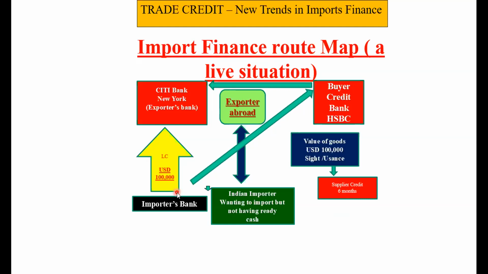Assume this is also 6 months. 6 plus 6 should not exceed 12 months. 6 plus 6, maximum 12 months only permitted for non-capital goods. Capital goods 3 years. Suppose he is giving 1 year, another 2 years you can arrange for a buyer credit. Totally should not exceed 3 years. These are RBI rules. Understood, boss?